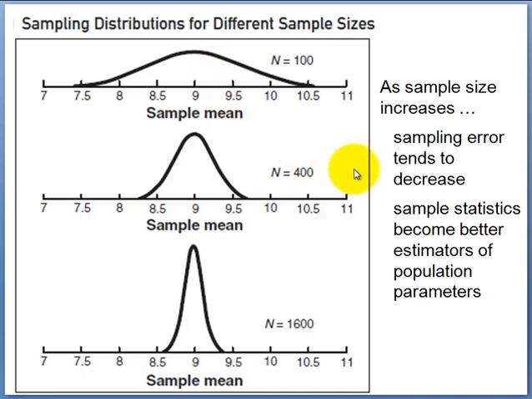So as sample size goes up, the chances are that your sample statistic is closer and closer to the unknown population parameter. So the sampling distribution is really going to be our key to this task of being able to generate good estimates about how close our sample statistic is likely to be to our unknown population parameter.